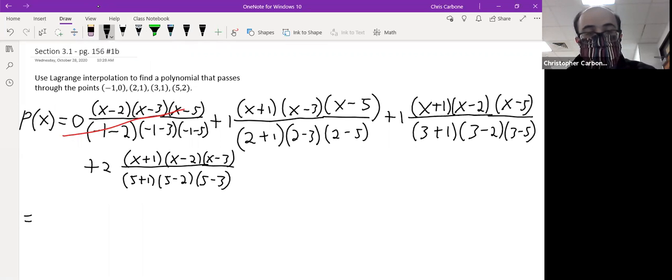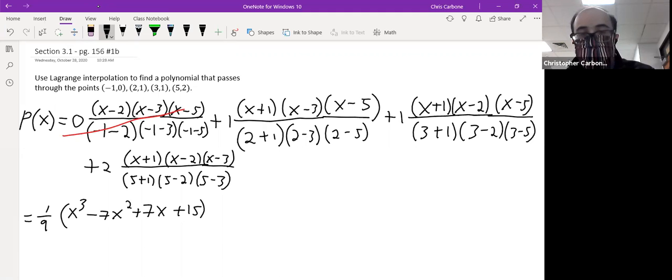From this particular equation here first, this is going to make 1/9 times x cubed minus 7x squared plus 7x plus 15.